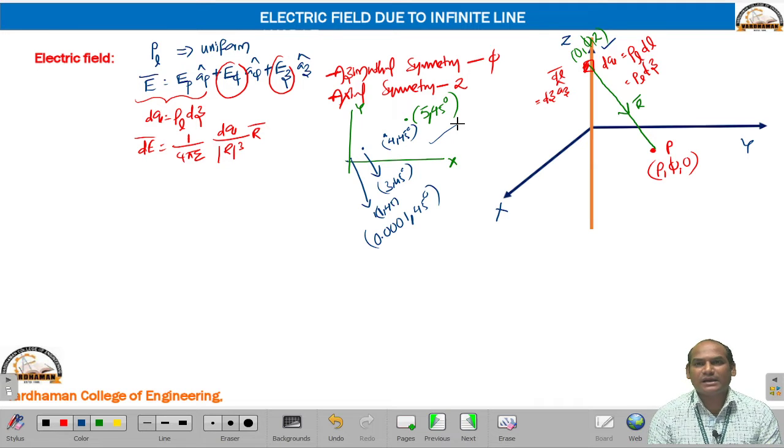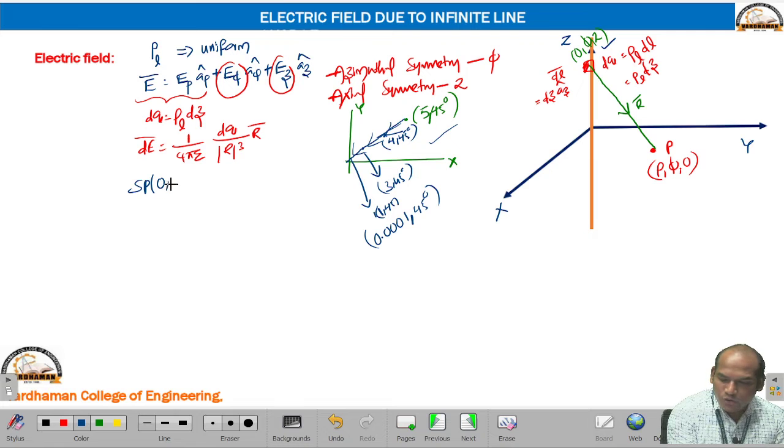It is in the same direction; we are moving towards the origin with the 45 degrees constant, so the same 45 degrees should be available at the source point also. That is the reason why we have taken 0, phi, z as the coordinates for the source point. So the source point is at 0, phi, z, and the observation point is at rho, phi, 0.